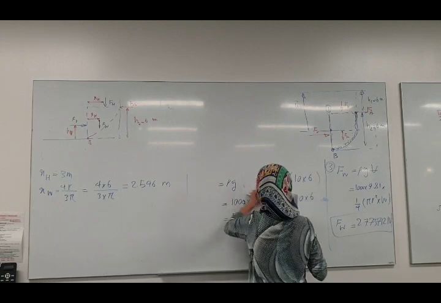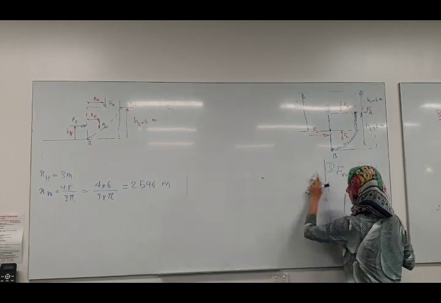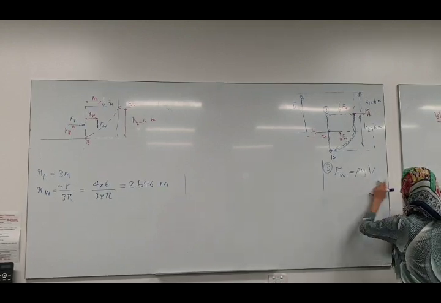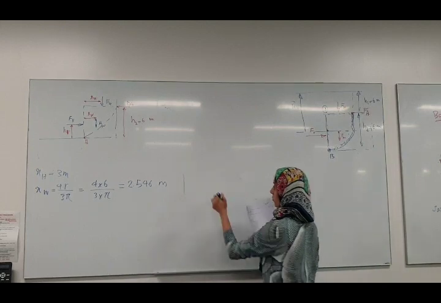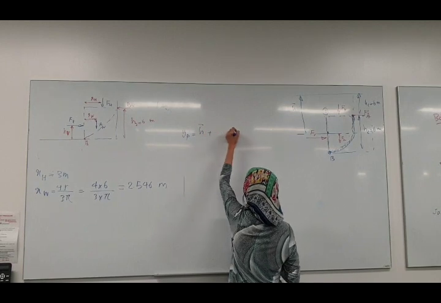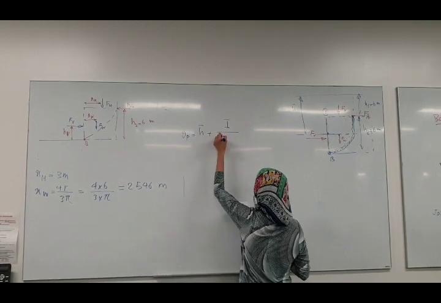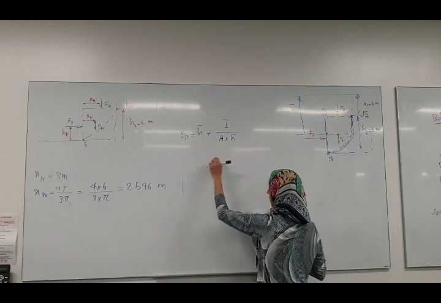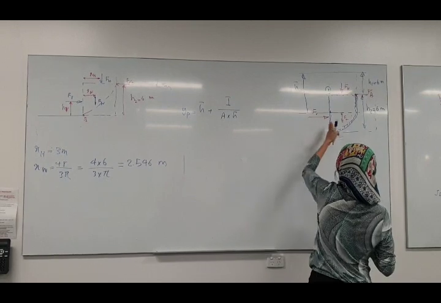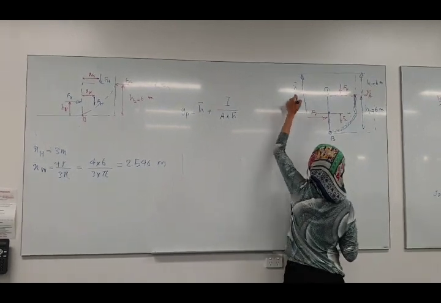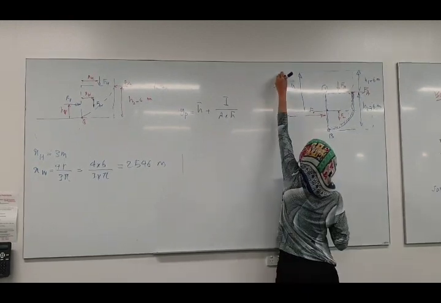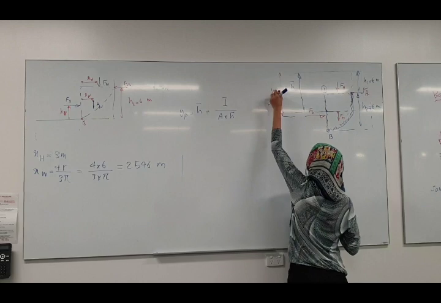We know the formulation for the center of pressure: YP is equal to h bar plus I divided by area times h bar. But just keep it in your mind, this is the YP for this vertical plate from the free surface. This is the YP, okay?